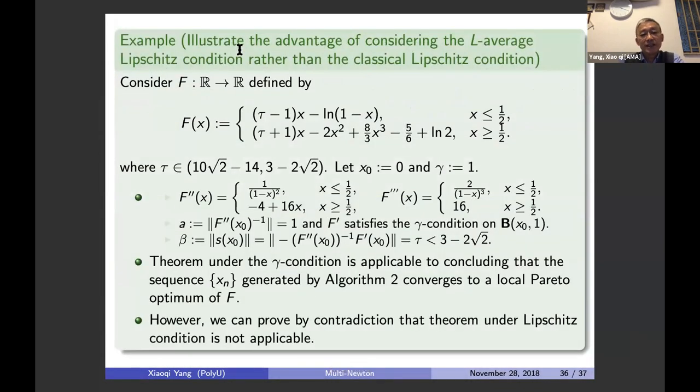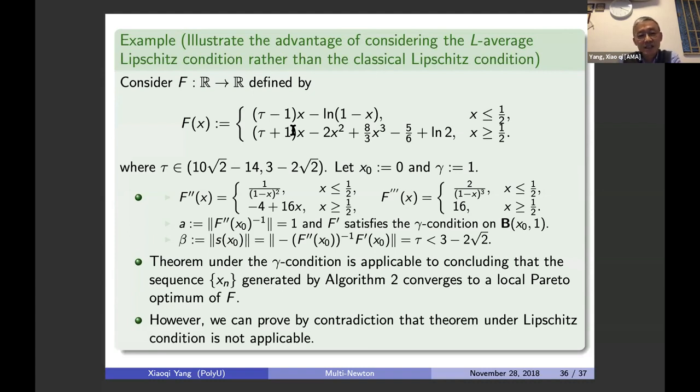Finally, there is an example we constructed. I'll just use a few seconds here. This function is constructed to show that our L-average Lipschitz condition can be applied, but the classical Lipschitz condition is not applicable.